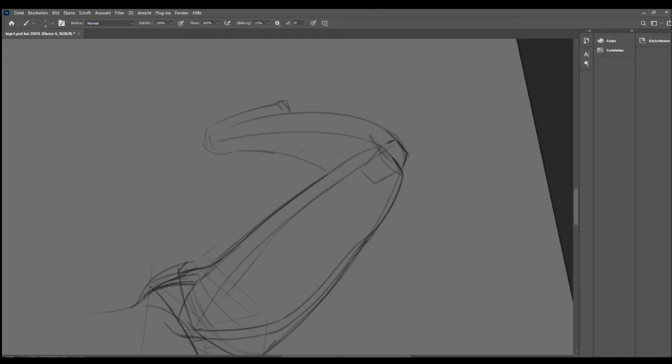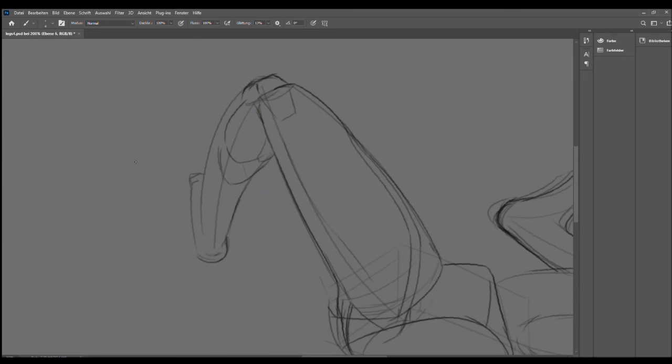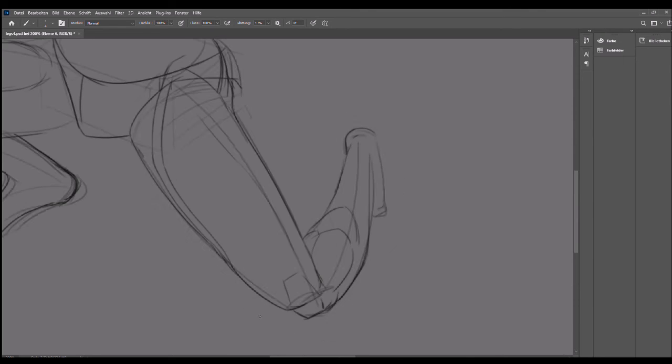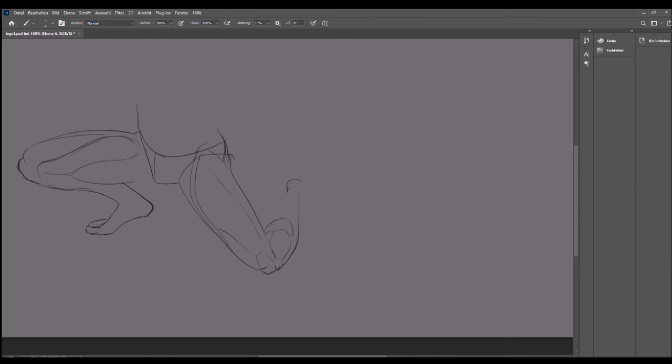Like when you think of creating creatures or deformed species or something like that, or even robots, you can deduce so much from the actual human body.